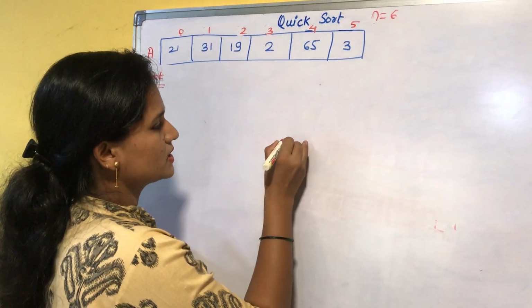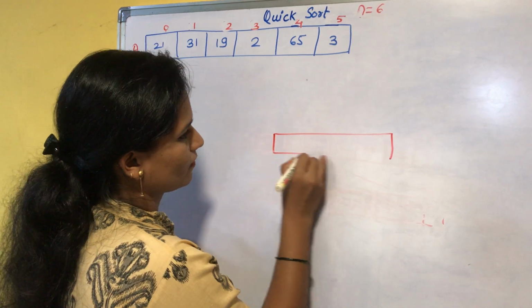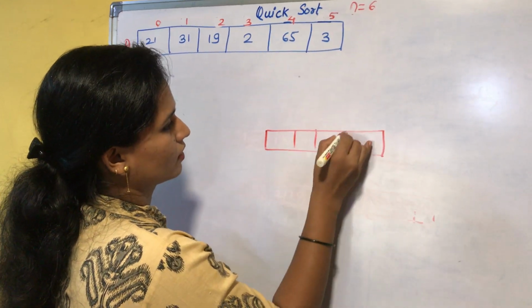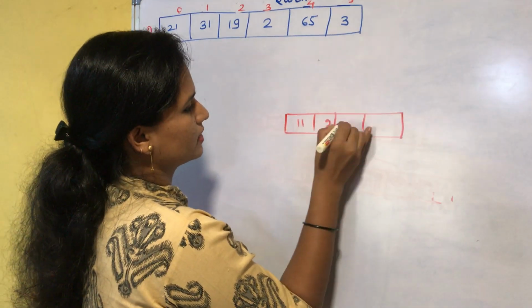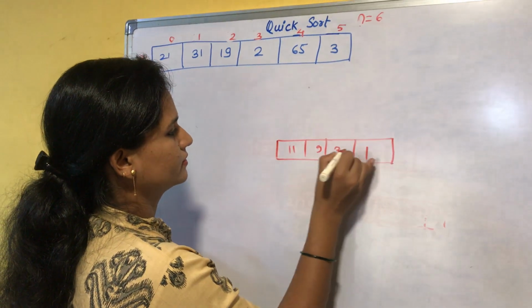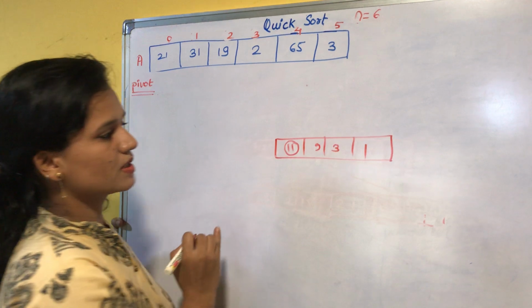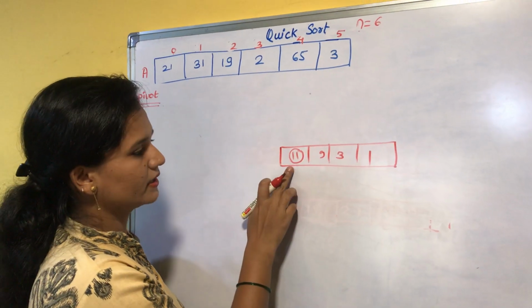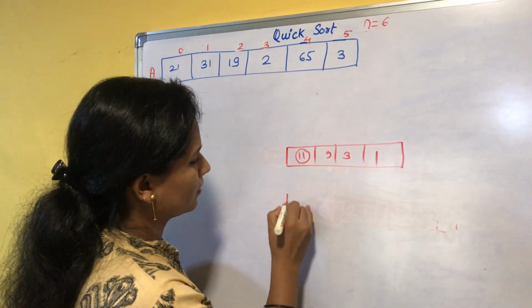How? Suppose this is my array. I'll take another example, 3, 1 suppose. And this is suppose my pivot element. Consider it as a pivot element.